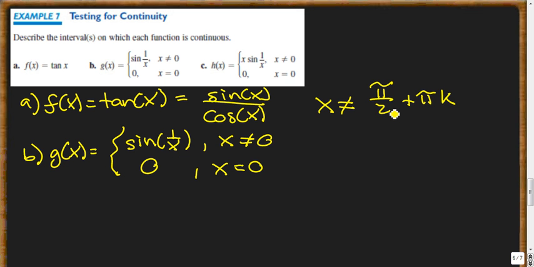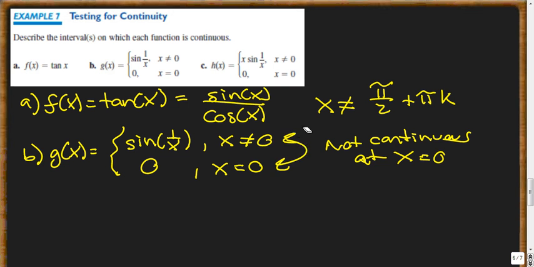If x is very, very small, this whole thing is going to be negative infinity or infinity. So we don't know what those values are. We have no idea. So we don't know if this is continuous at 0. So it's not continuous at x equals 0, because we have no way of knowing if these two things match or not.